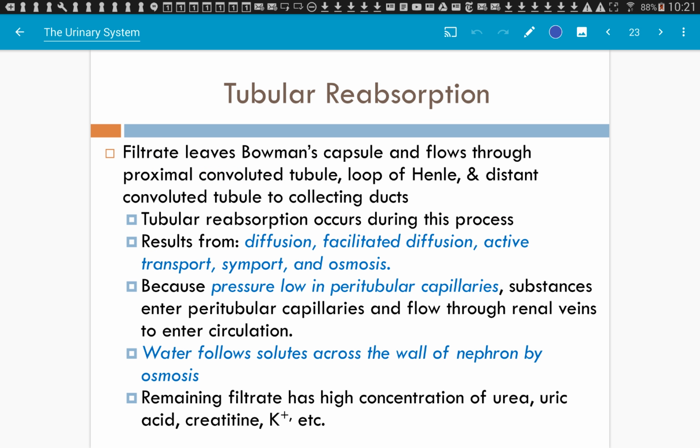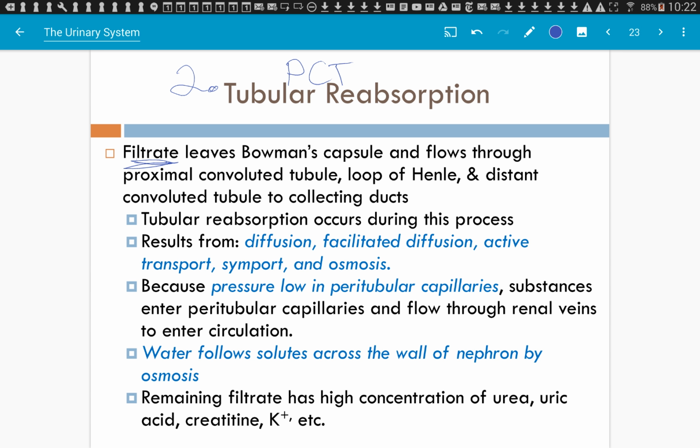Okay, tubular reabsorption, this is that step 2. So all of that before was step 1, the filtration formation. Now tubular reabsorption, and this begins in your proximal convoluted tubule. So the filtrate that was formed leaves the Bowman's capsule, enters into the proximal convoluted tubule.